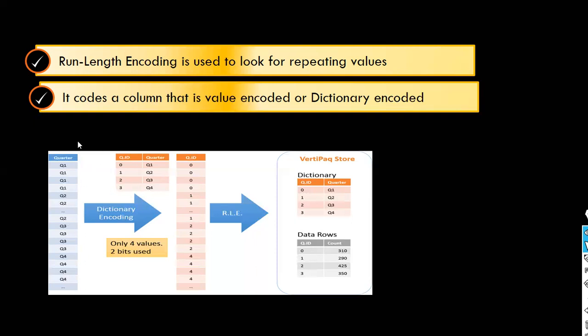In the case of the ID column, let's take 10 records. Let's say in your company, 10 employees are there. If you look at the employee ID column, the cardinality is very high. That means the number of unique values is very high. Only when the number of unique values is less, that is called low cardinality.